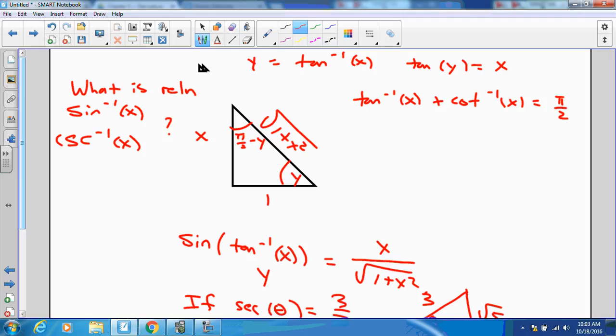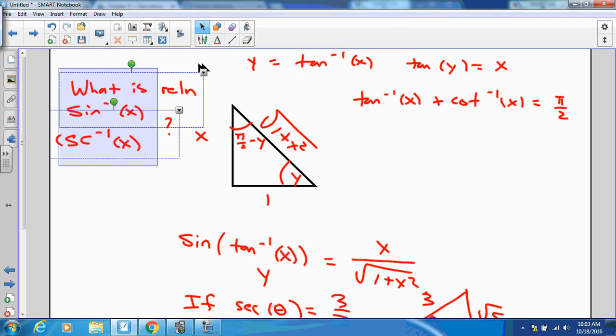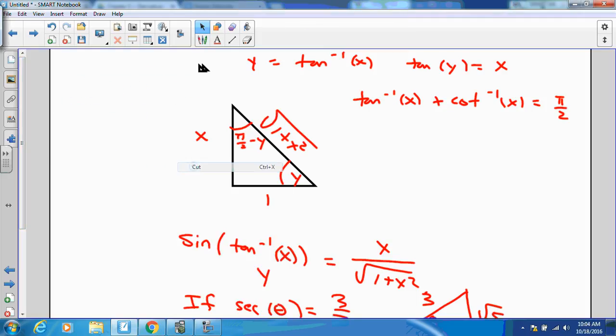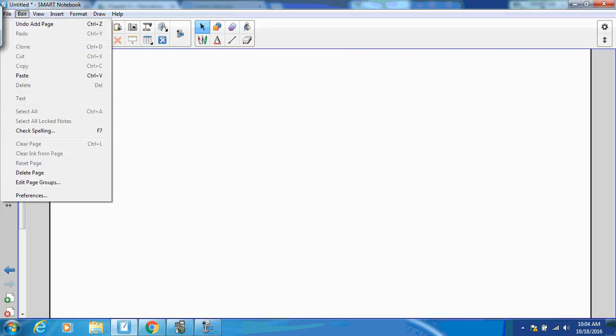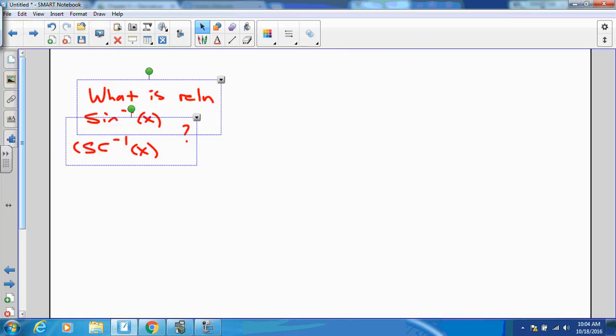Because we know that cosecant of theta is 1 over sine theta. So it seems like there ought to be some kind of relationship between those two. Okay? We can actually answer that question with a right triangle. Let's actually put this question on a new page and use a right triangle to answer.